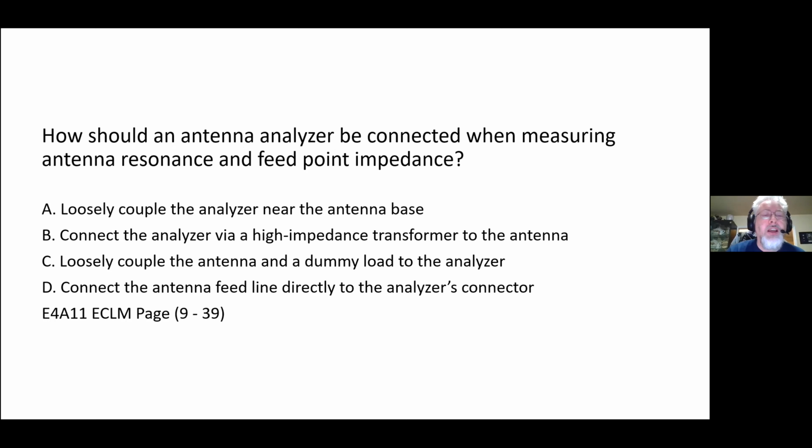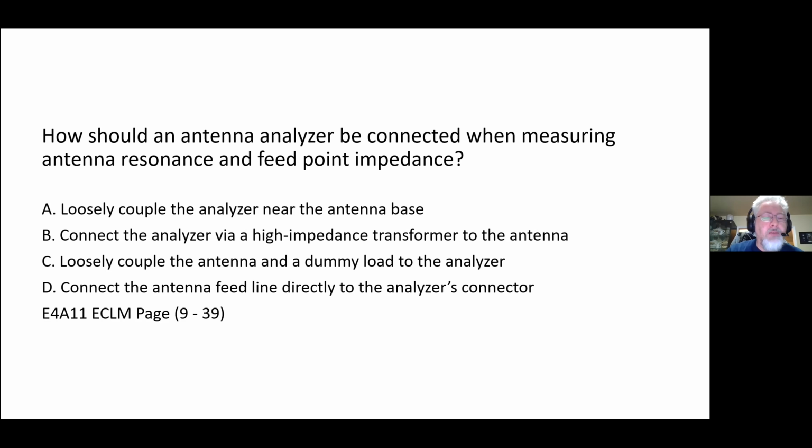How should an antenna analyzer be connected when measuring antenna resonance and feed point impedance? A, loosely couple the analyzer near the antenna base. B, connect the analyzer via a high impedance transformer to the antenna.